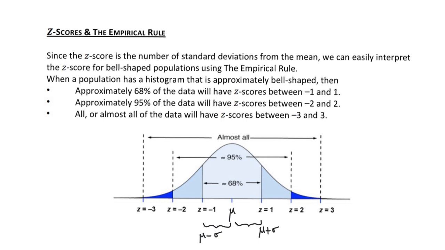Since z-score is the number of standard deviations from the mean, we can easily interpret the z-score for bell-shaped populations. So, a z-score of 2 means that it is 2 standard deviations from the mean.